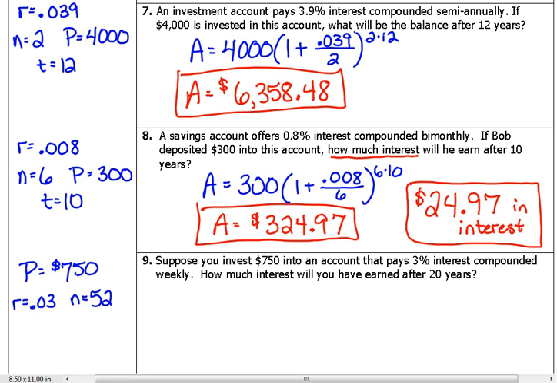How much interest will you have earned after 20 years? So T equals 20. So here's another one. How much interest is the answer to the question? So 750, 1 plus 0.03 over 52 to the 52 times 20.